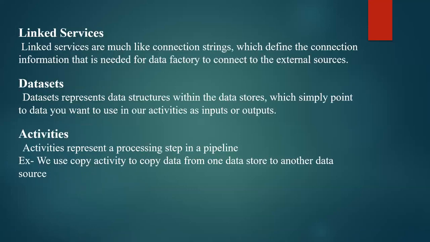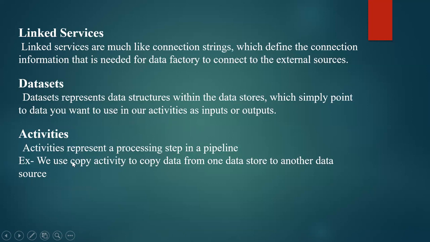If you want definitions, linked services are much like connection strings, which define the connection information that is needed for Azure Data Factory to connect to external sources. Basically, to create a connection with the sources or sinks, we use this. And then by using datasets, we will be able to access data. Datasets represent data structures within the data source, which simply point to the data you want to use in your activities as input or output.